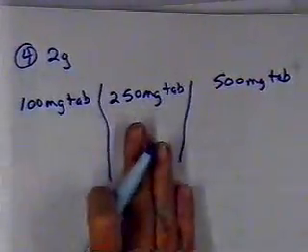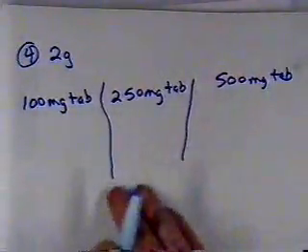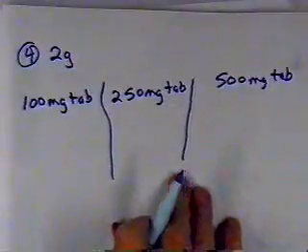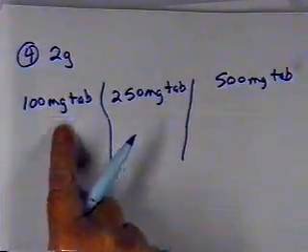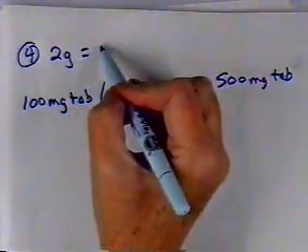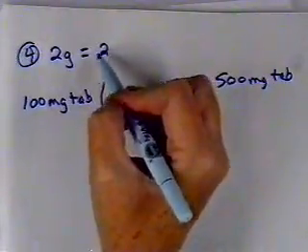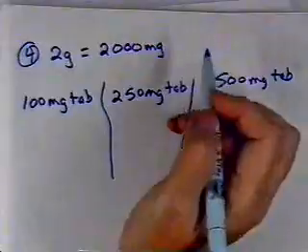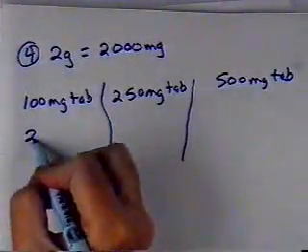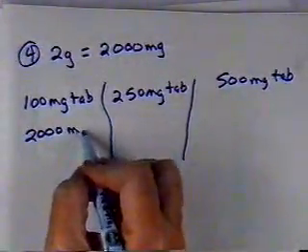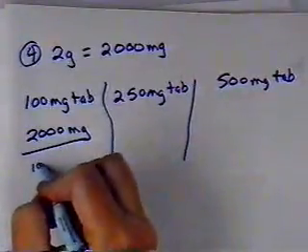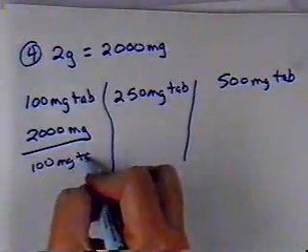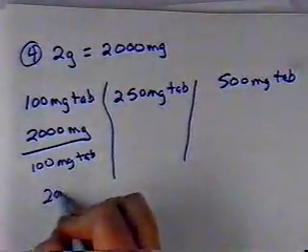Now I'm going to work this out as 3 separate problems and see which would be the best answer. First thing is, if this is milligrams, how many milligrams is that? 2,000 milligrams. So I'm going to take 2,000 milligrams divided by 100 milligram tablets. It's 20 tablets.